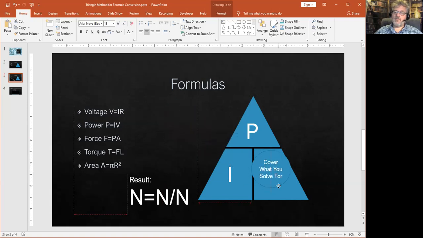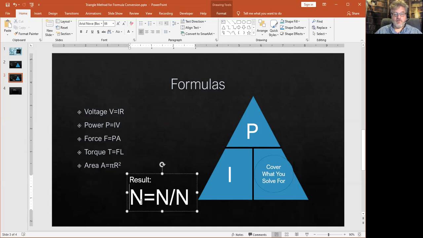Well, then I just cover up the voltage, and I get P over I. So if I'm solving for voltage, my result is P divided by I. So my formula now is V equals power divided by current. So that's how I can solve for that.